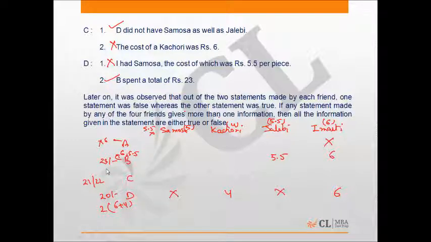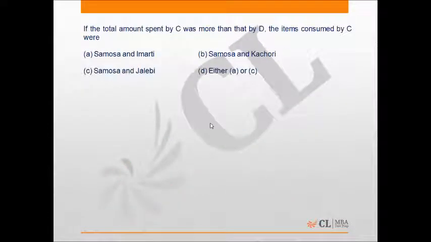So for 21, he must have bought 5 and 5.5, that is samosa and jalebi, double of that, or for 22, samosa and Imarti, right? So we'll have samosa and Imarti as one possibility, and samosa and jalebi as the other possibility, and the correct option is option D.